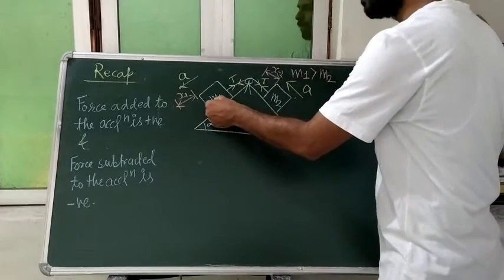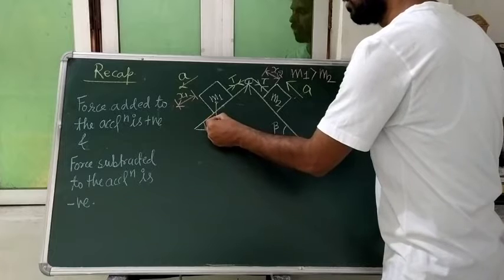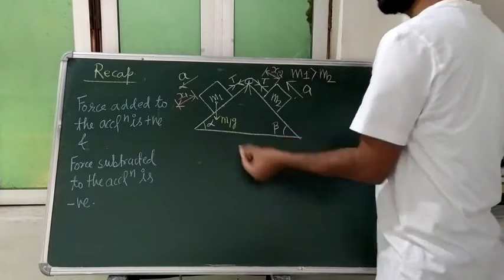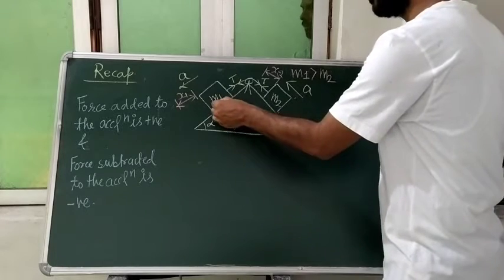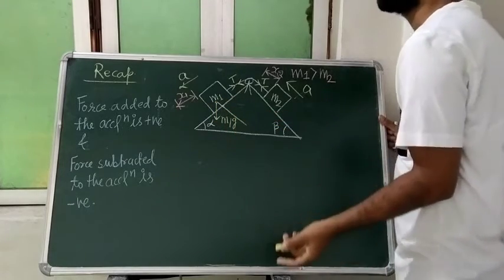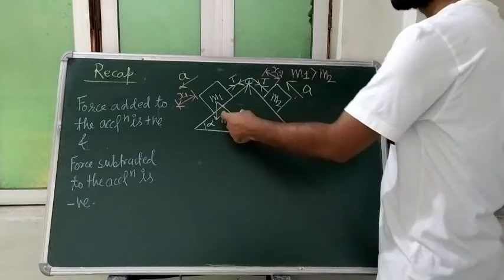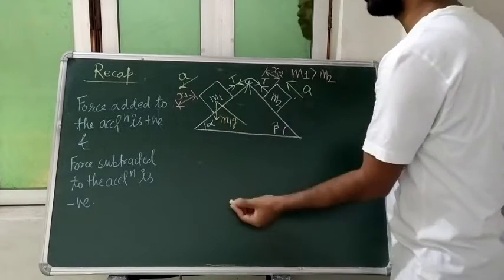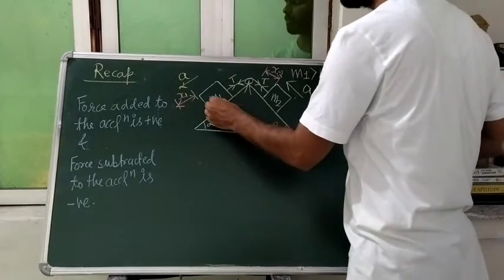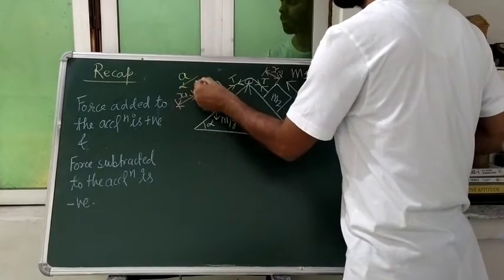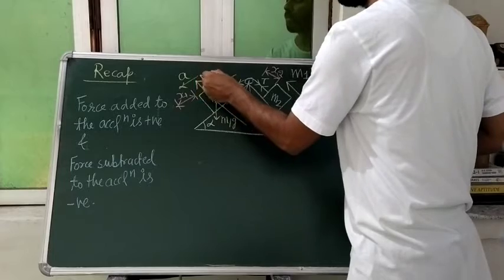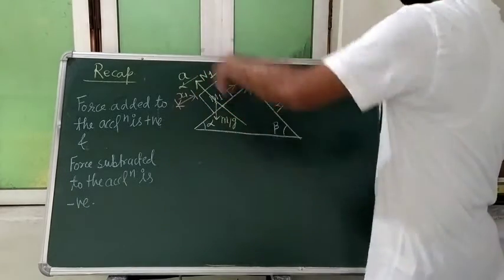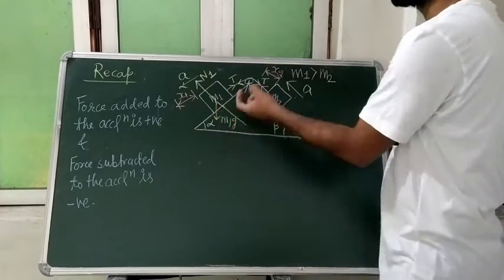And thereafter, what will we do? We will resolve the forces along the contact surface and perpendicular to the contact surface if they are not already along them. So of course this M1g, the force due to gravity, is acting here in the downward direction, and due to the contact present here, N1, the normal reaction on block 1, will act perpendicular to the contact surface.